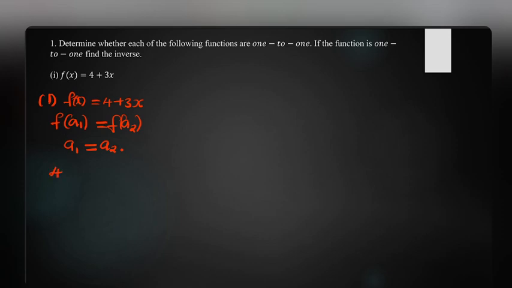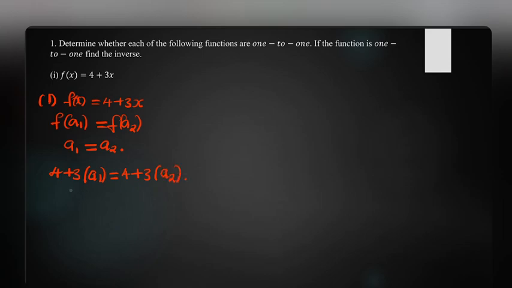So we have 4 plus 3. On our left hand side, where there is x, we substitute with a1. This gives us 4 plus 3 open, then where there is x, we substitute with a2.